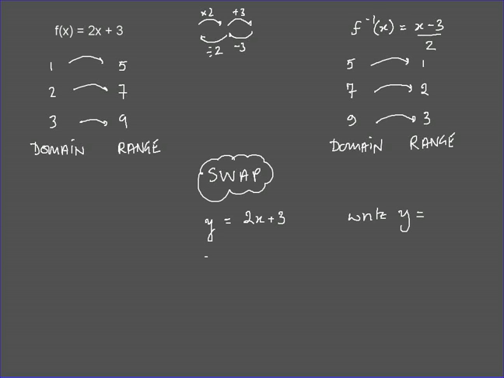That is to say, x becomes y and y becomes x. So we simply swap all the x's and y's, range for domain and vice versa, and then we have an inverse function.